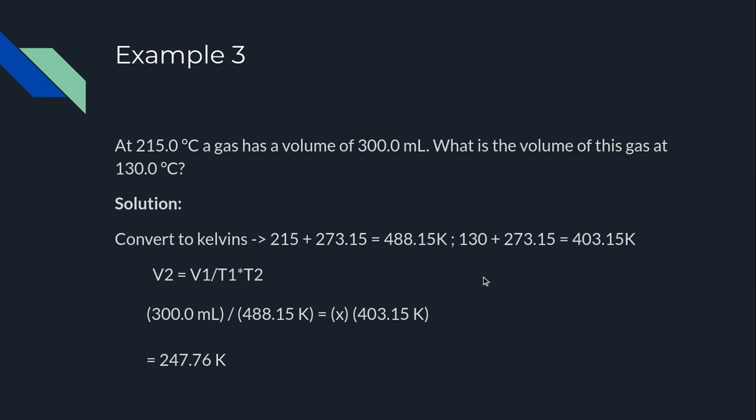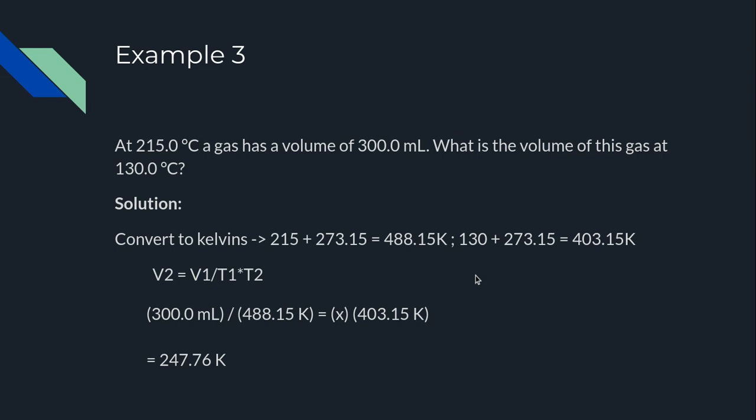So 215 plus 273.15 equals 488.15 kelvins, and 130 plus 273.15 equals 403.15 kelvins. Again, we're solving for V2. Sorry, V2 equals V1 over T1 times T2.